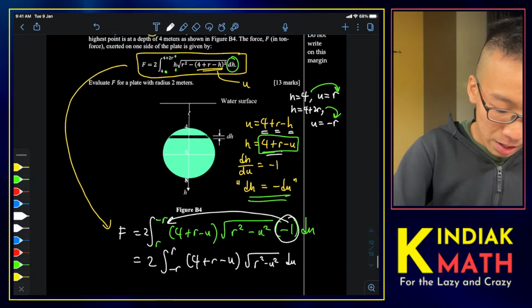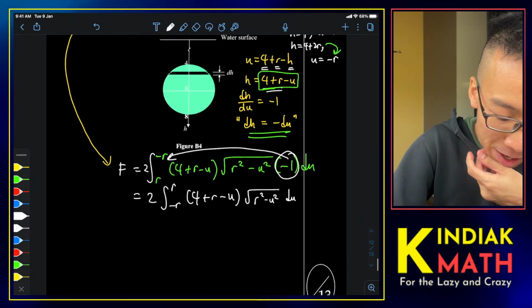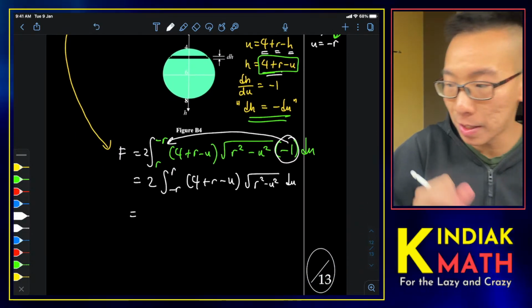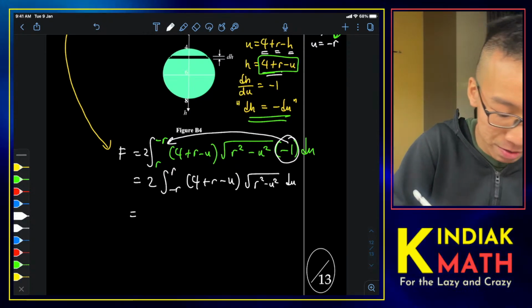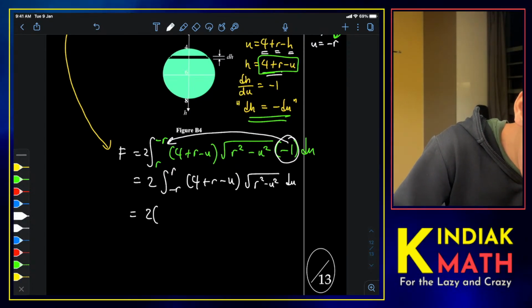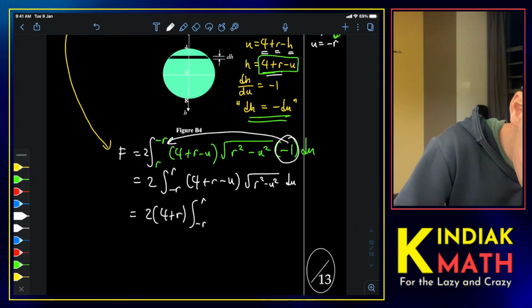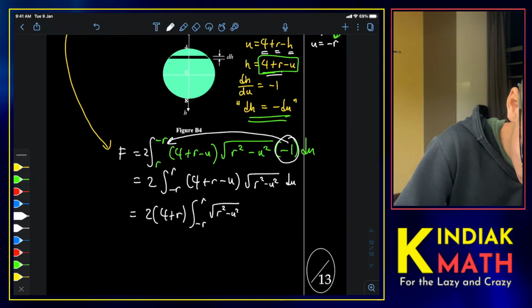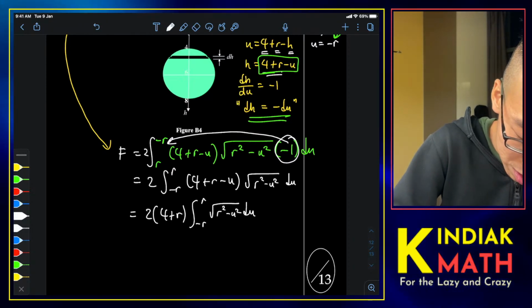And this tells us that we might want to do a kind of splitting. So we're just going to split this in a relatively quick manner into two separate integrals.